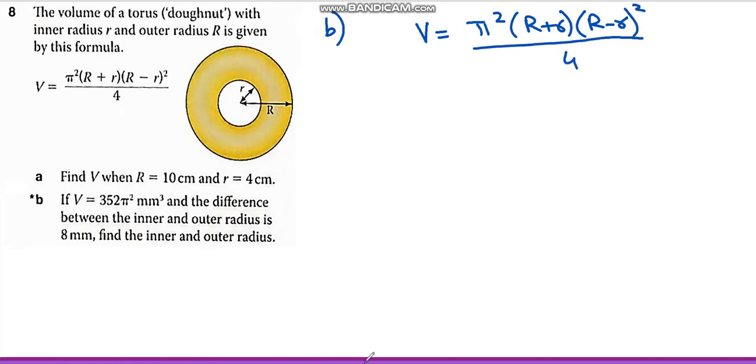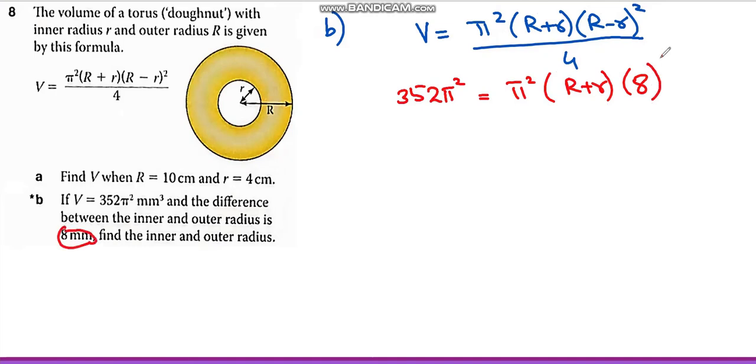So if I substitute the given values, there is a volume which is 352 pi square is equal to pi square times R plus r and R minus r. Basically R minus r is 8. There is a difference of inner and outer radius, which is 8 millimeter. So I will just replace it with 8 and its square and then divided by 4.